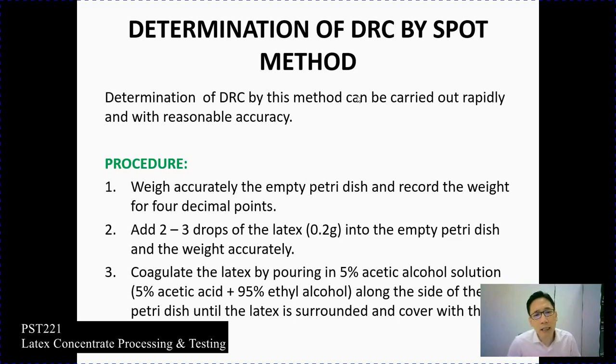Okay, and then coagulate the latex by pouring the 5% acetic alcohol solution, which we prepare as 5% acetic acid with 95% ethyl alcohol, alongside the petri dish until the latex is rounded and covered with the acetic alcohol. Usually we don't put the acetic alcohol directly onto your latex drops; you put it at the sides of the latex drop so that it will eventually merge into your latex and it will coagulate.